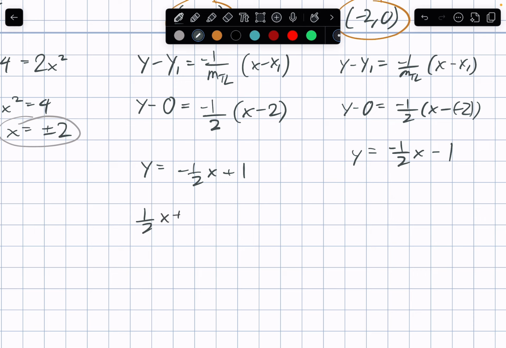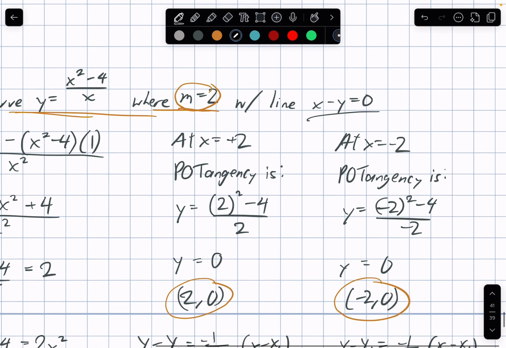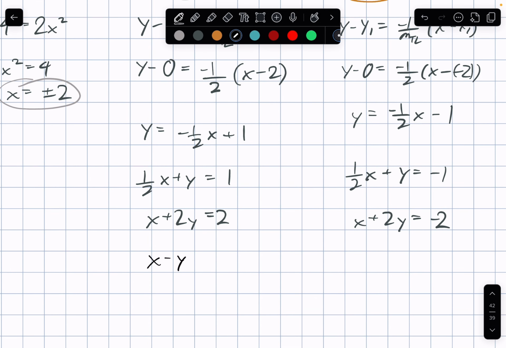So 1/2 x plus y equal to 1. We can turn this into x plus 2y equal to 2. On the other side, 1/2 x plus y equal to -1. x plus 2y equal to -2. So now we write x minus y equal to 0.